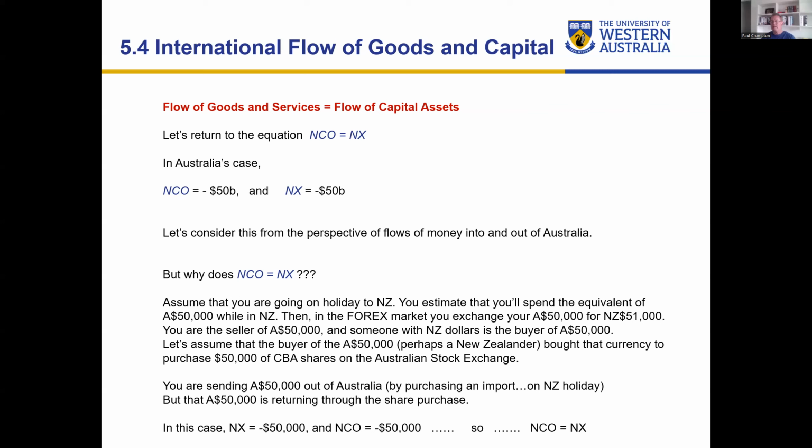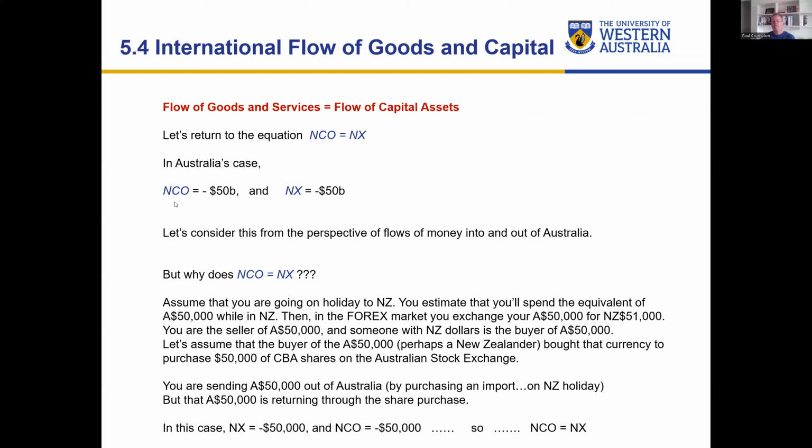In other words, that figure of minus $50 billion in terms of net capital outflow means foreigners are investing $50 billion more in Australia, through stock and bond markets primarily, than we are investing in foreign countries. It's due to savings being less than total domestic borrowing in Australia to the tune of $50 billion.